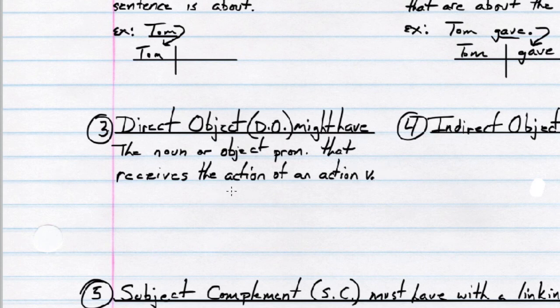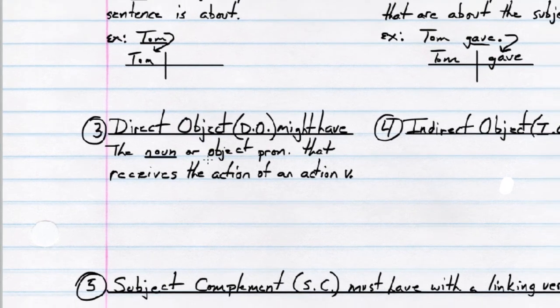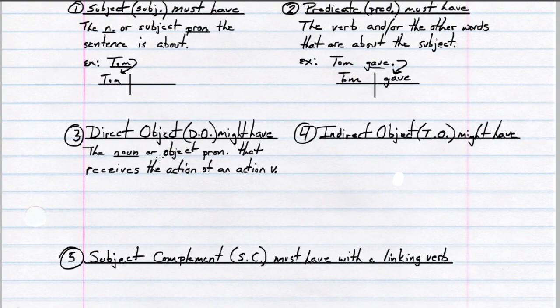The noun or object pronoun that receives the action of an action verb. I'm going to underline noun, object pronoun, action, and action verb. The noun or object pronoun that receives the action of an action verb.